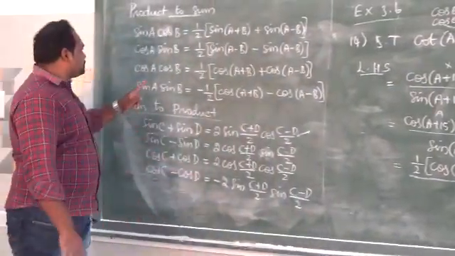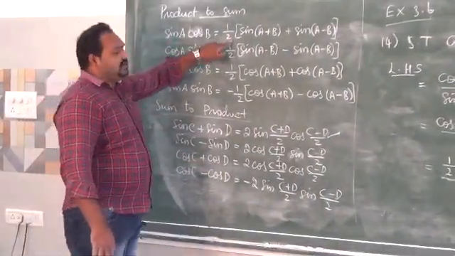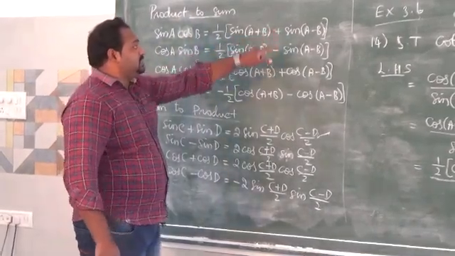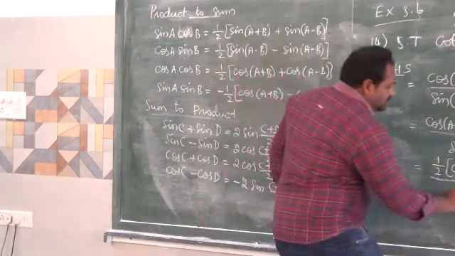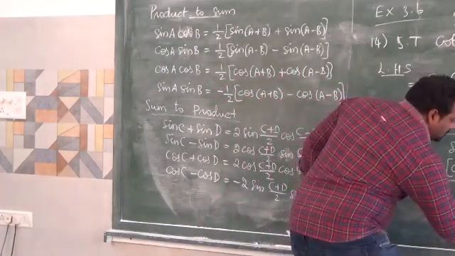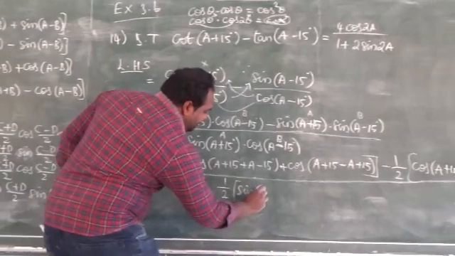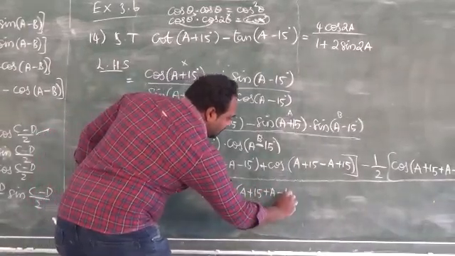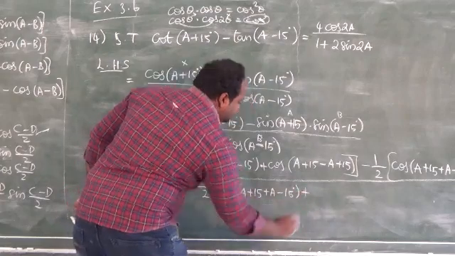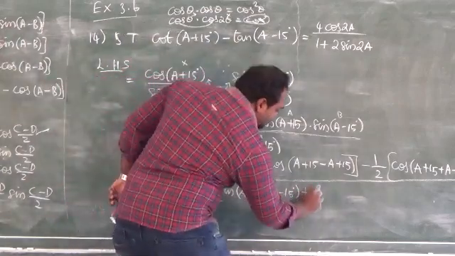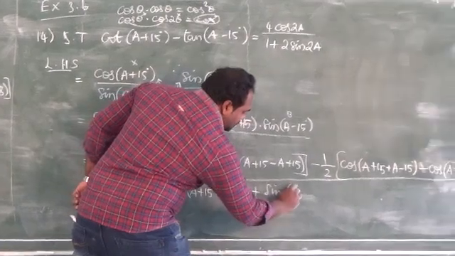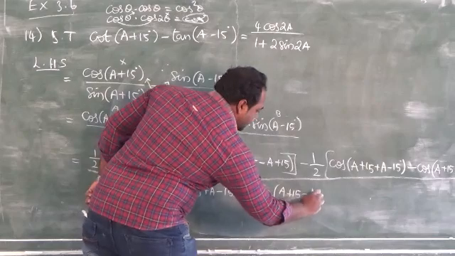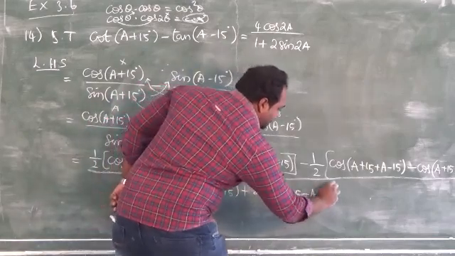The first one is 1 by 2 sin A plus B plus sin A minus B. So 1 by 2 sin A plus B is A plus 15 plus A minus 15, plus sin A minus B, A plus 15 minus A plus 15.